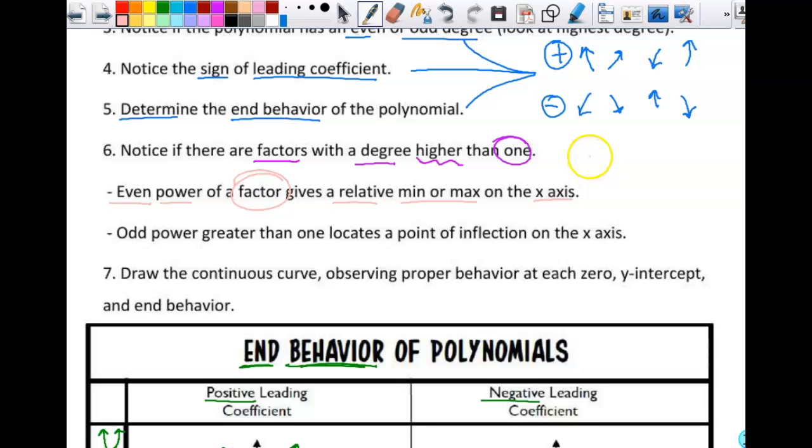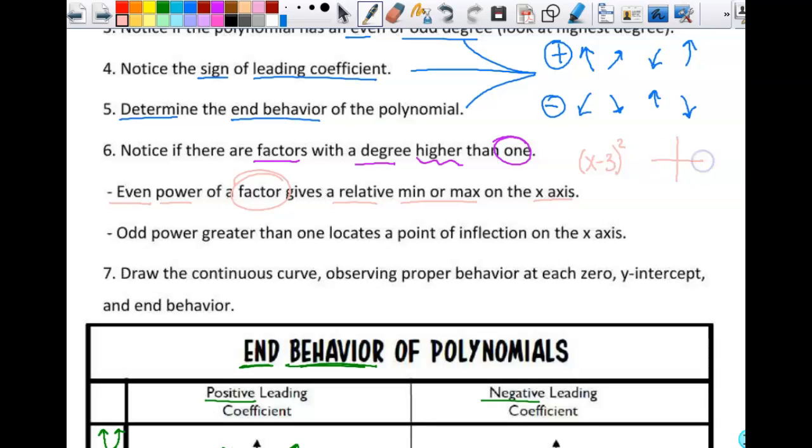So if I have something like (x - 3) squared, the factor is that x - 3, and that squared is the exponent on the factor. I don't care what the degree is of the whole thing. It's just that the exponent on the factor is even. That means I'm going to have a maximum or a minimum on my x-axis.